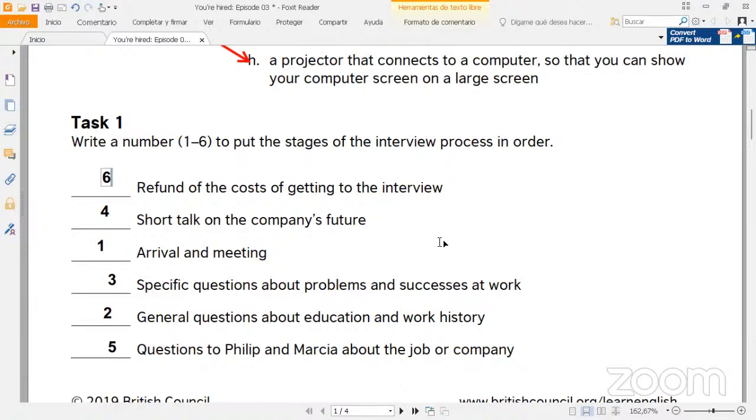But not that close. Okay, so let's see. Arrival in meeting, that is correct. Okay. Number 2, you said general questions about education and history. This is actually number 3. Okay. But then what do you think is number 2?